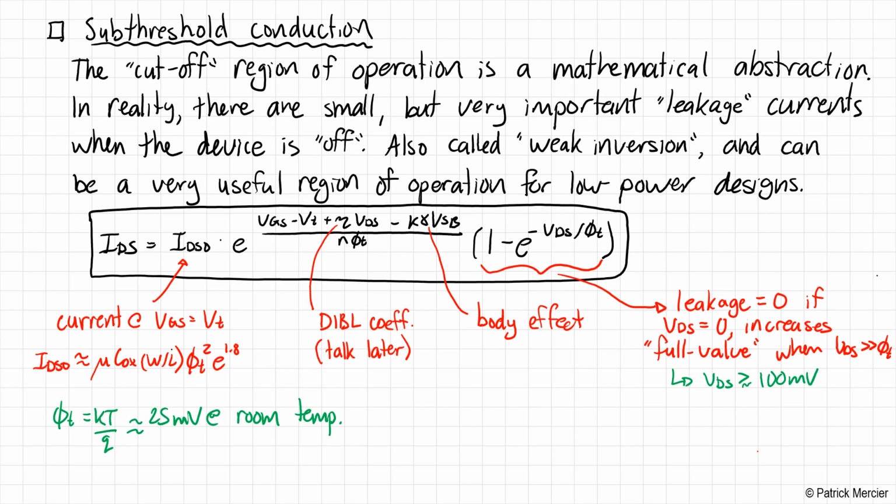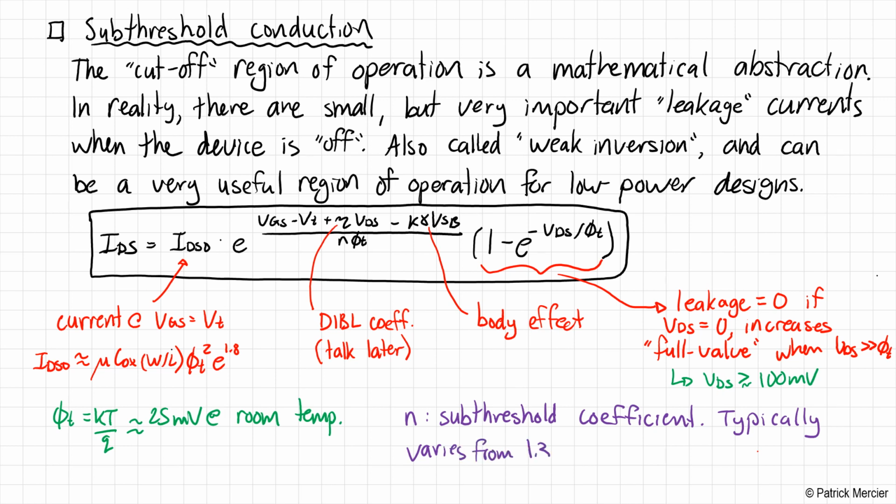Okay, and the last note that I want to make here is n. That's the only term I think we haven't defined yet. This is what we call the subthreshold coefficient. Okay, typically it varies from something like 1.3 to 1.8, let's say, in CMOS.